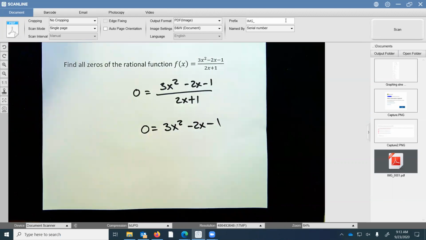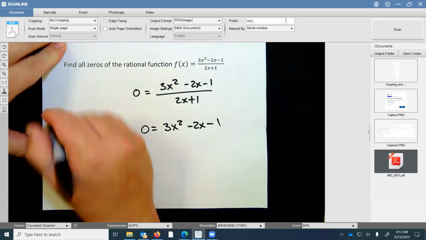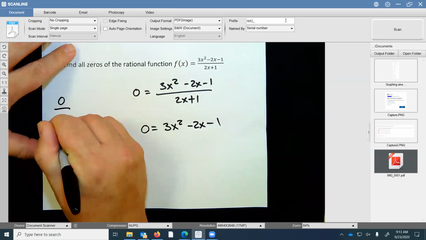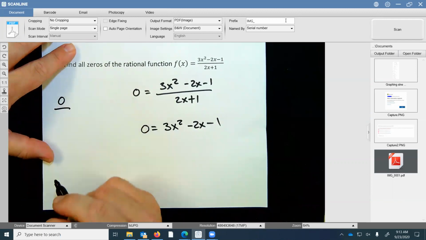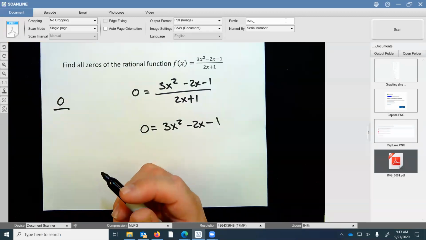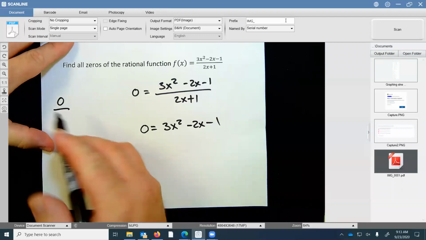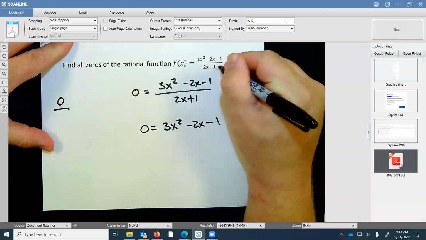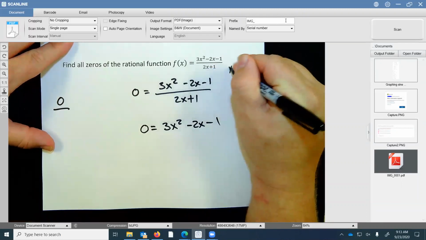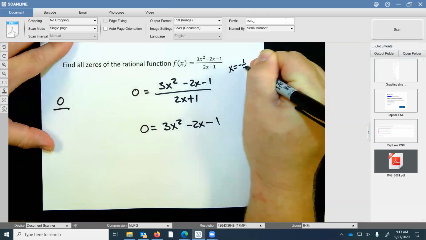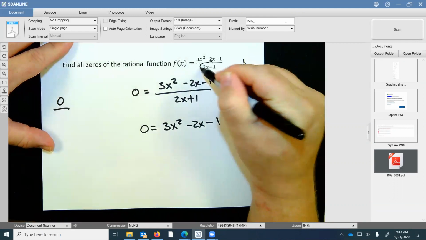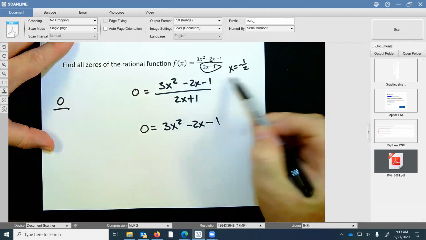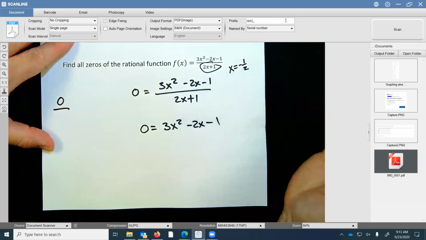When you're looking for zeros of functions, we only care about the numerator. Because 0 divided by anything except 0 is 0. So we don't care about the denominator. The only thing that you have to make sure is that it's not an excluded value. So we know that x cannot equal negative 1/2 from our denominator. So as long as our zeros aren't this, we're totally good.